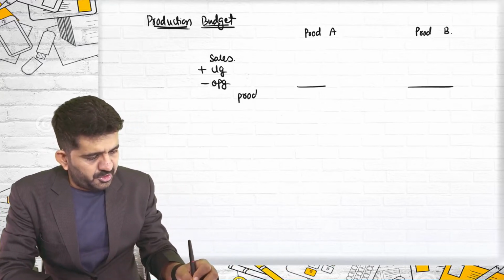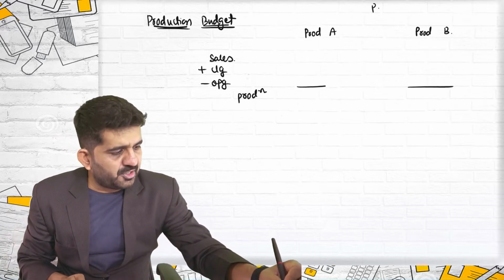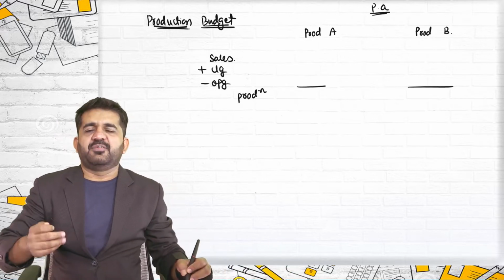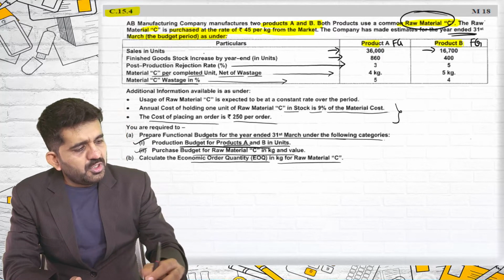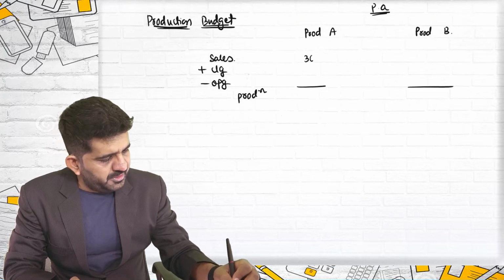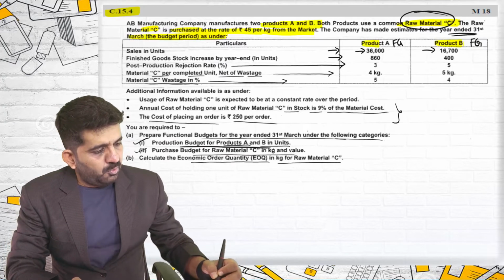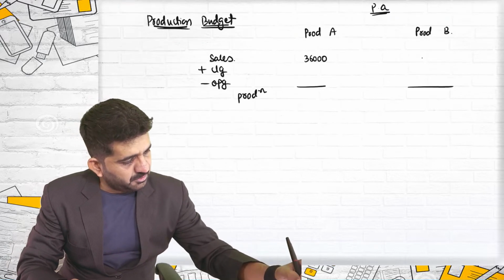This much production you need to do of product A and product B. Here it is per annum, so we need not worry about Jan, Feb and March and so on. So what is expected sales of product A? 36,000 units. What is expected sales of product B? 16,700.